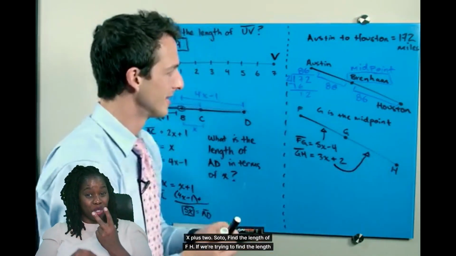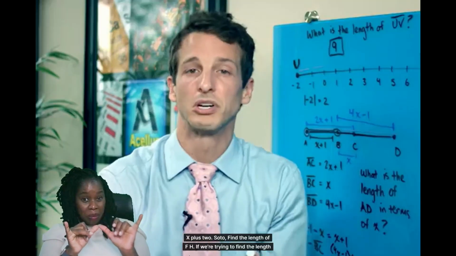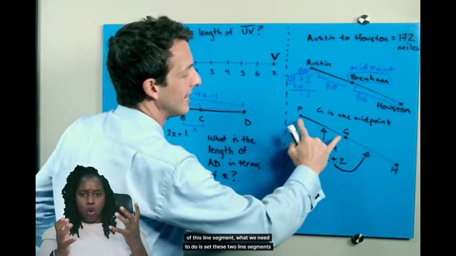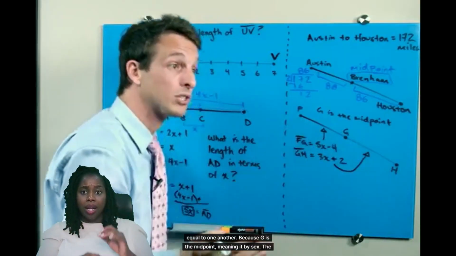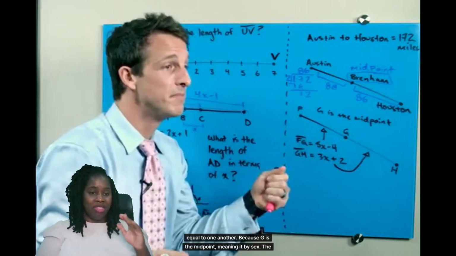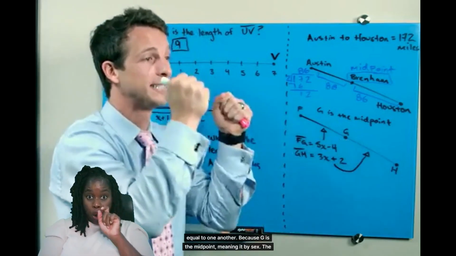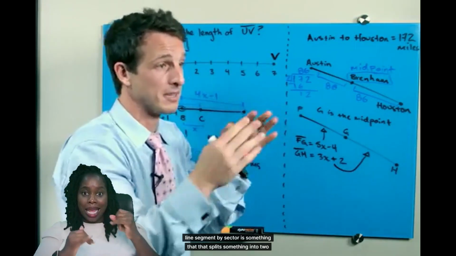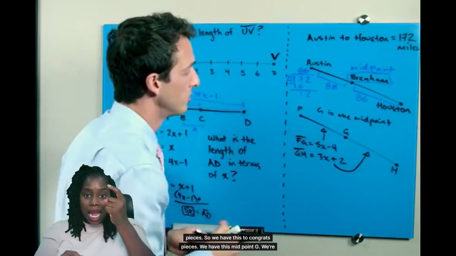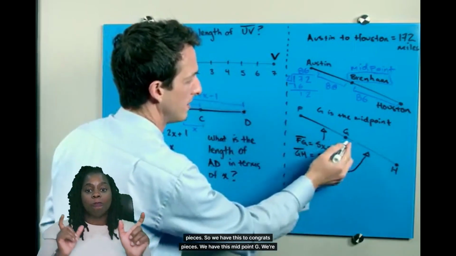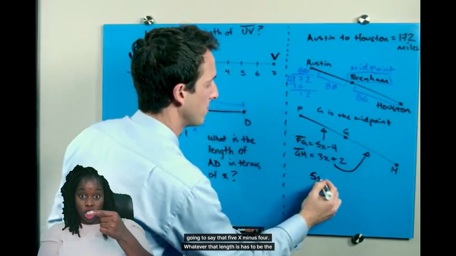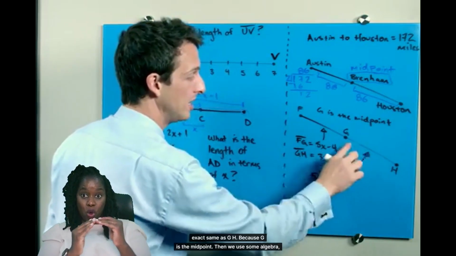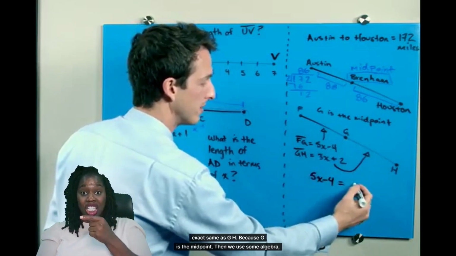So to find the length of FH, what we need to do is set these two line segments equal to one another. Because G is the midpoint, meaning it bisects the line segment. A bisector is something that splits something into two pieces. So we have these two congruent pieces. We have this midpoint, G, and we're going to say that 5x minus 4, whatever that length is, has to be the exact same as GH, because G is the midpoint.